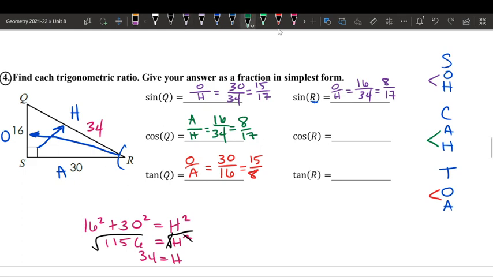The cosine is A on top of H. A is 30, H is 34. That is 15 over 17. And then the last one is the tangent, opposite over adjacent. 16 over 30, so that's going to be 8 over 15.